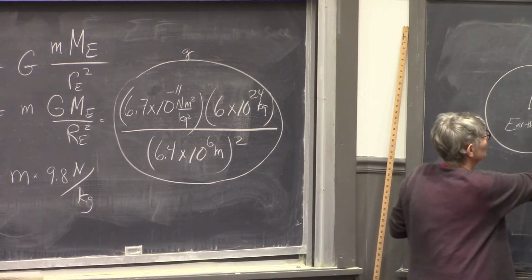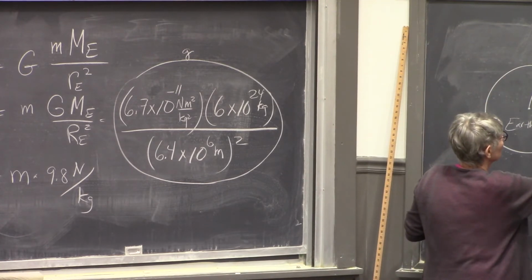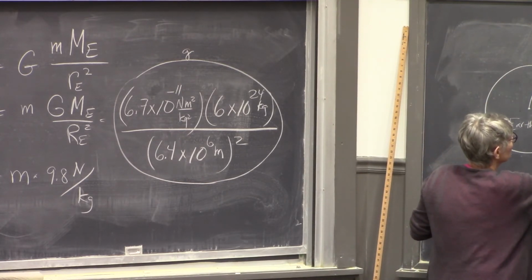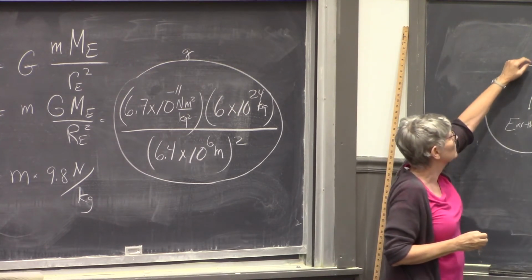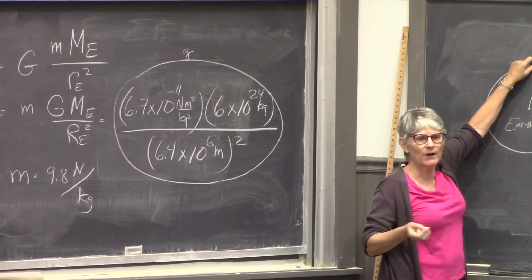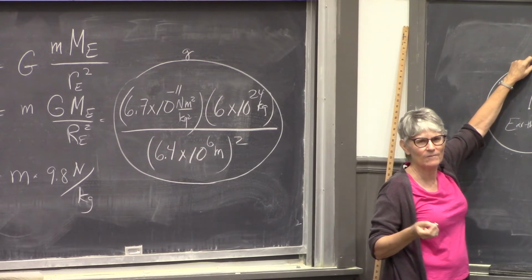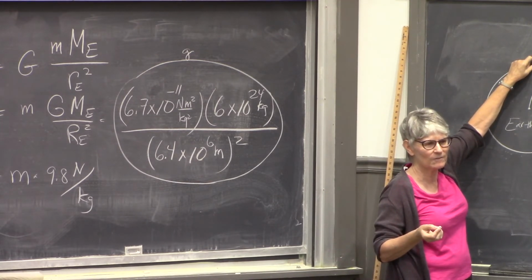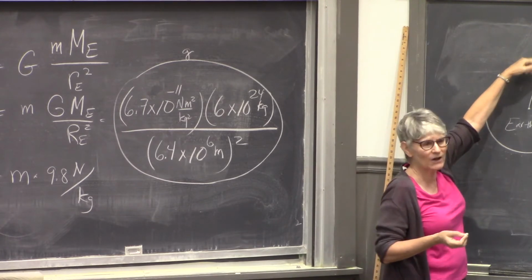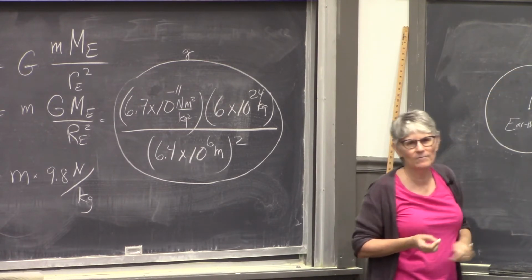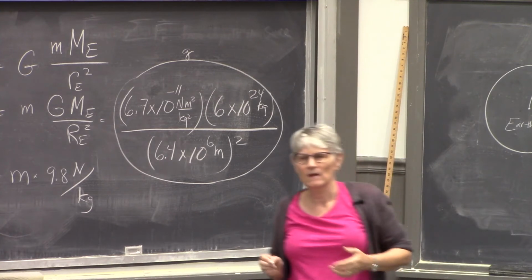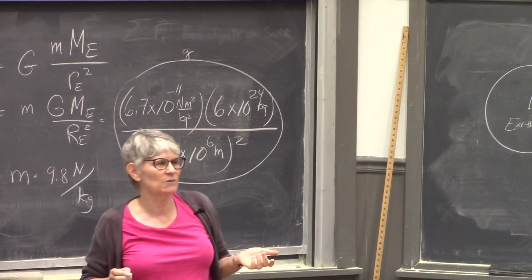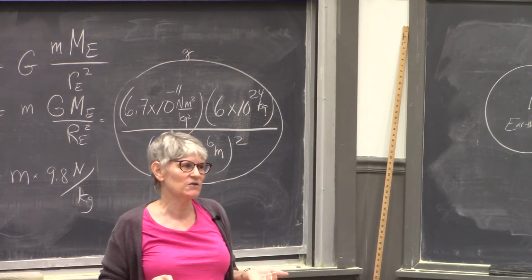So if we have 6.4 times 10 to the 6th meters here, even if we went up a kilometer, 10 to the 3rd meters, we're still not very far away. So it's a reasonable approximation, but it is an approximation.